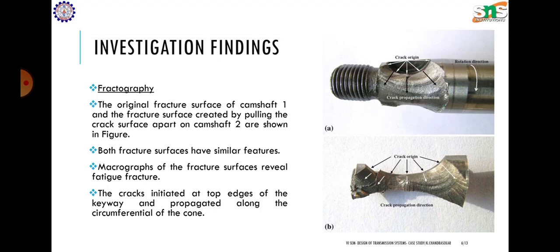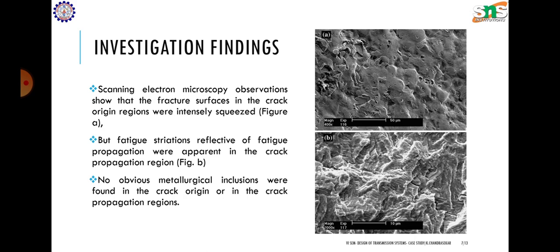That is the visual examination finding. Then, using scanning electron microscopy, the observations show that the fracture surface in the crack origin region was intensely worn, but fatigue striations reflective of fatigue propagation were apparent in the crack propagation region, as shown in figure B. No obvious metallurgical inclusions were found in the crack origin or propagation regions.